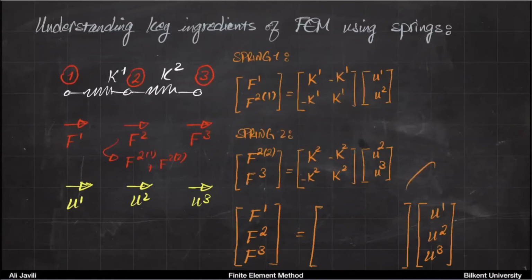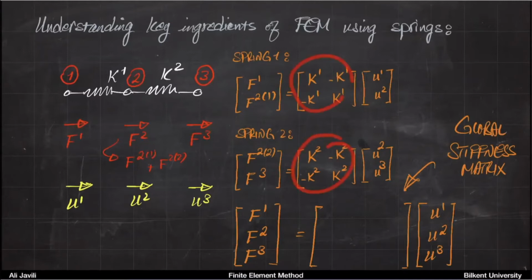So this thing, it's now your, again, stiffness matrix. And if you want, this is kind of your global stiffness matrix, in contrast to what we have here as local stiffnesses. So these are element-wise stiffnesses.